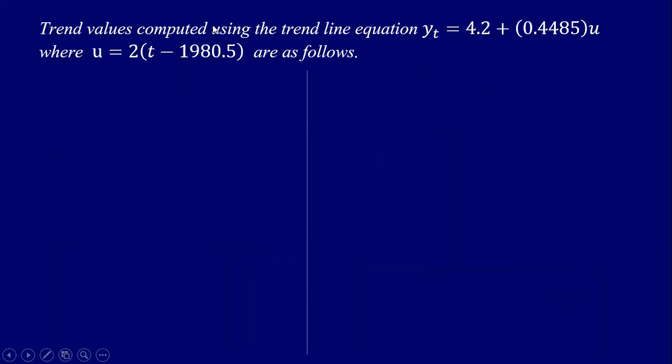The trend values can be computed using the trend line equation yt is equal to 4.2 plus 0.4485 into u, where u is equal to 2 into bracket t minus 1980.5, are as follows.